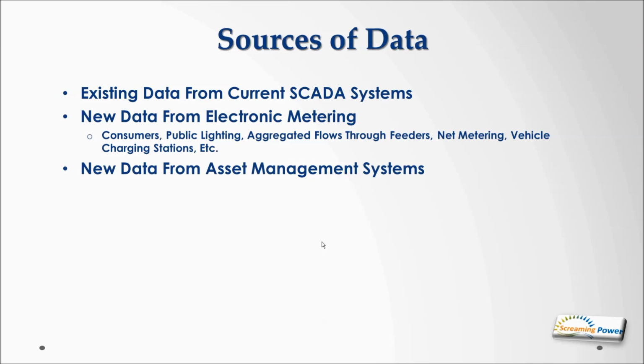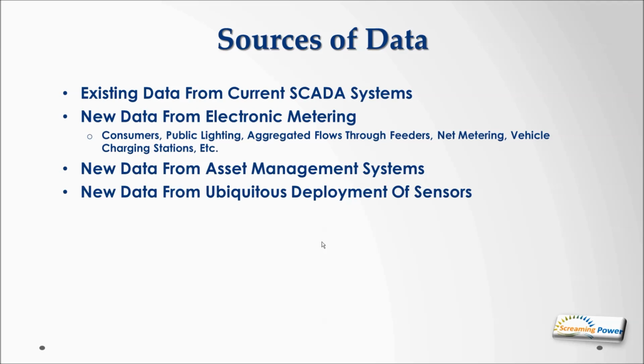We're getting new data from asset management systems and other business systems. As the enterprise deploys sensor technology, they're going to be getting far more information coming in. We're going to get data from the ubiquitous deployment of sensors to look at things like power quality, voltage control, current, temperature, etc. We're going to get new data from consumers or customers as they let the utility have information on their home appliance usage.